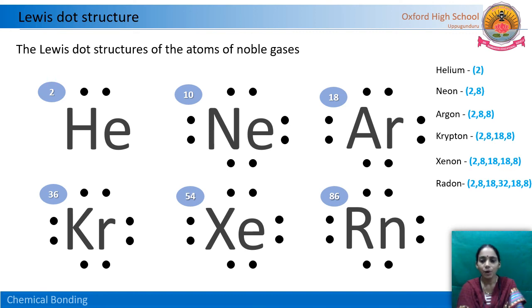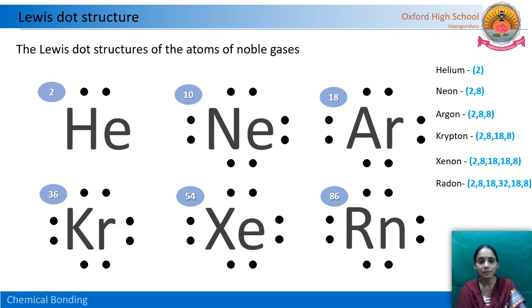This is the way we have to write the electronic configurations, and after knowing this Lewis dot structure, we have to represent the atoms in this Lewis dot structure, because it gives us clear-cut information like how and why these elements participate in chemical bonding, and on what basis we have to decide what type of bonds these atoms are making.